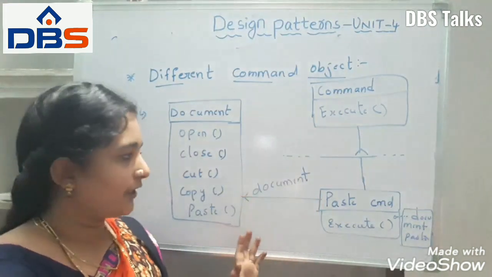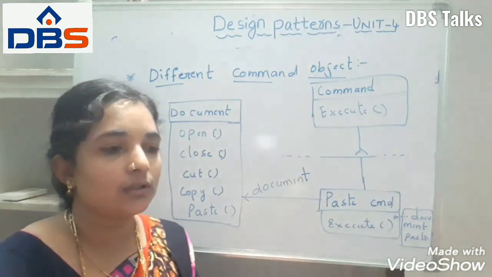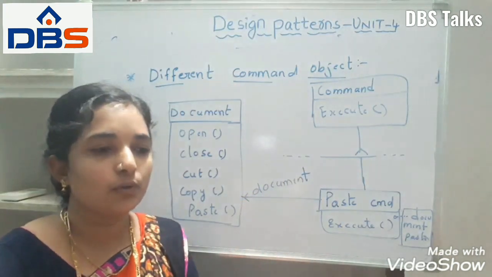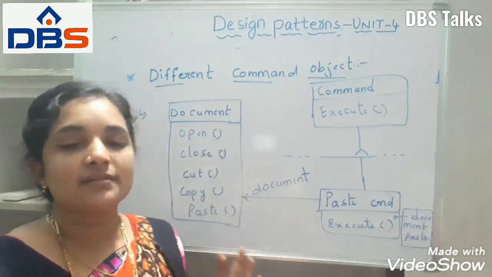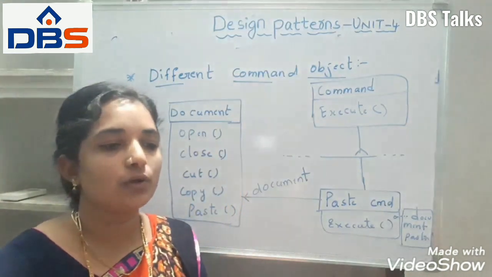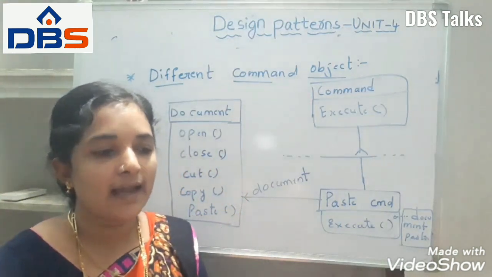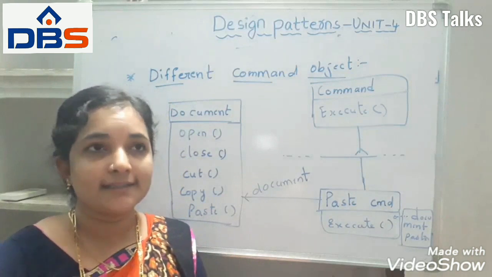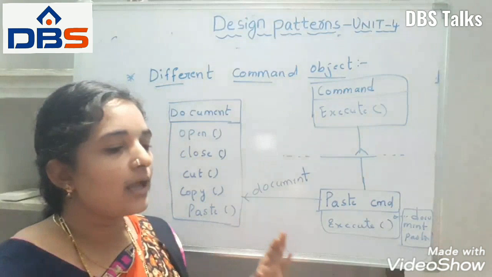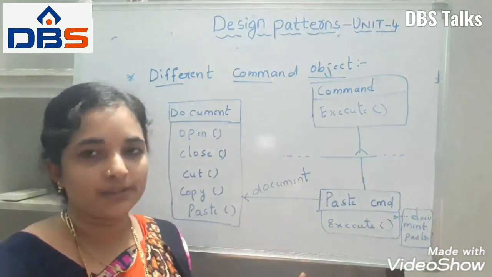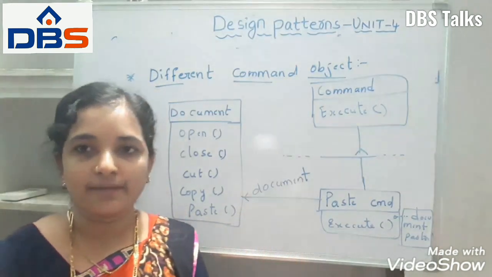Next we have the invoker object, which is nothing but the menu options available here. The invoker object does not know how to handle the request and execute the command. The command object only executes the method and performs the action. So these are the different types of command objects we are having here.